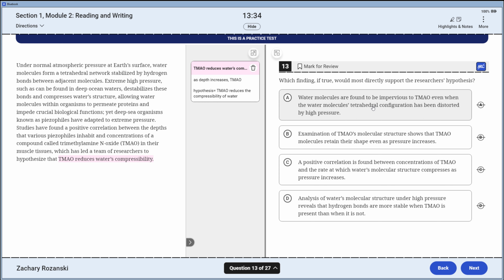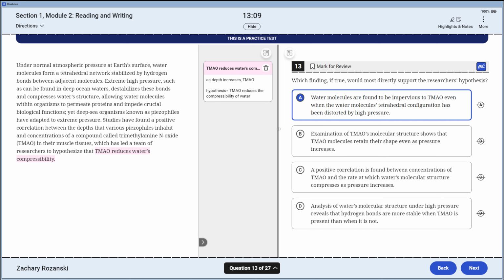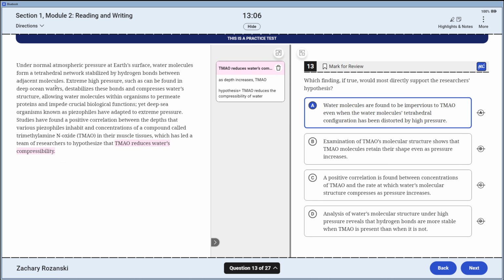Water molecules are found to be impervious to TMAO, even when the water molecules configuration. This is engaging with examination so that molecules retain the shape even as pressure increases. This one doesn't talk about water, which seems to be what I want to prove, but this is giving me some crazy statement about tetrahedrals. So I feel like I have to read a lot more for this question. I'll make that concession, and I will go looking for wherever this is getting the water molecules from.